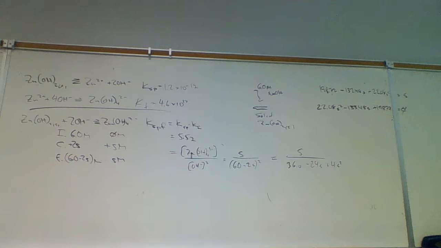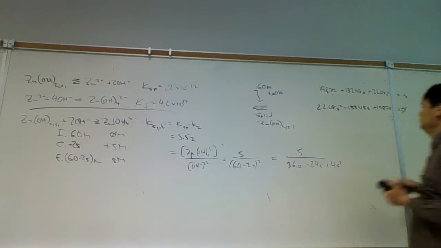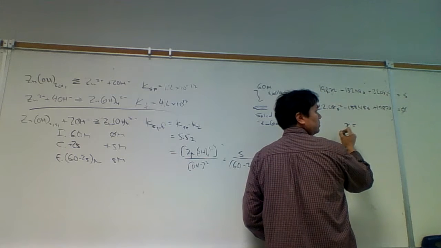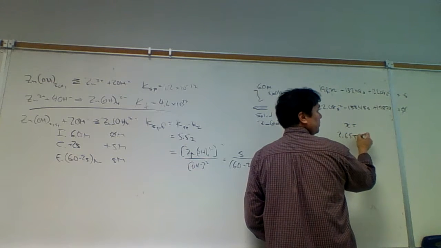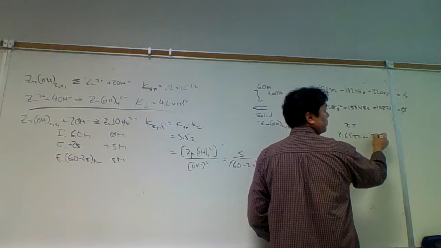We'll go to the quadratic solver over here on Math Is Fun and plug it in: 22.08, minus 133.48, plus 198.72 gives us two x values, 2.6533 and 3.39. So x is equal to 2.6533 or 3.3.